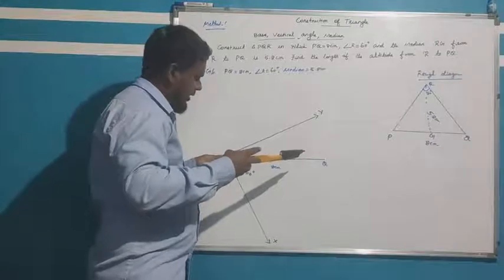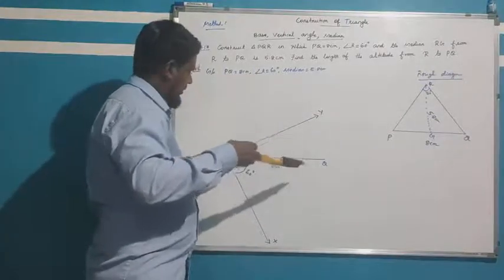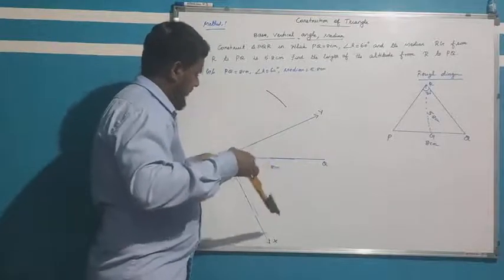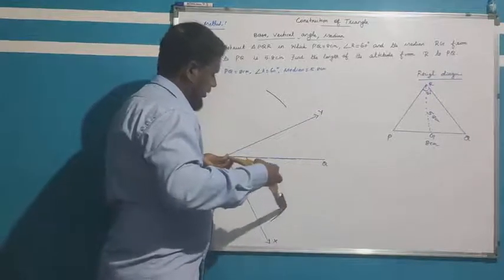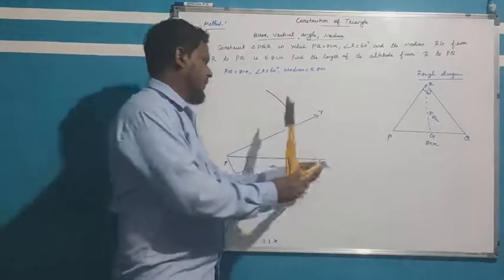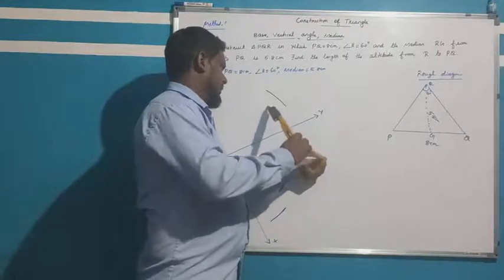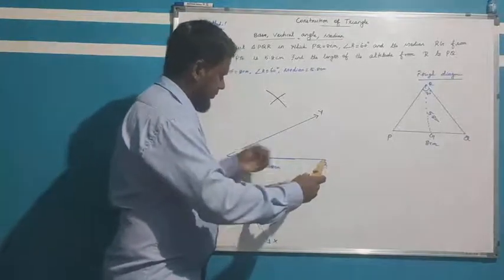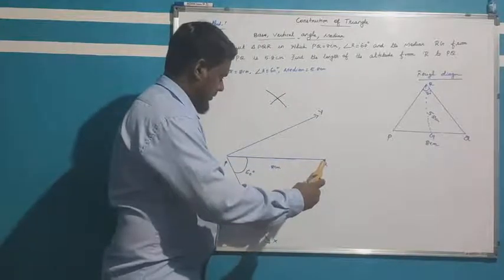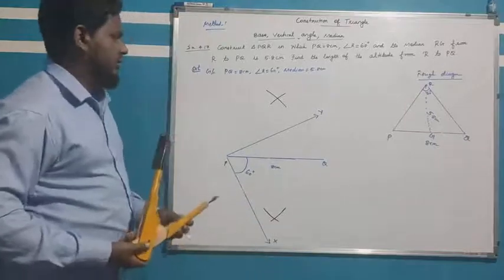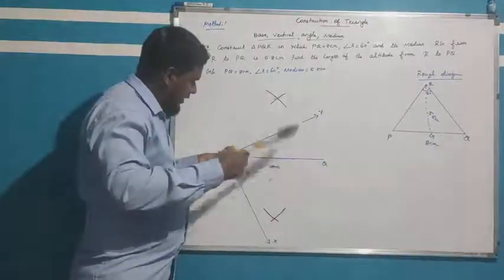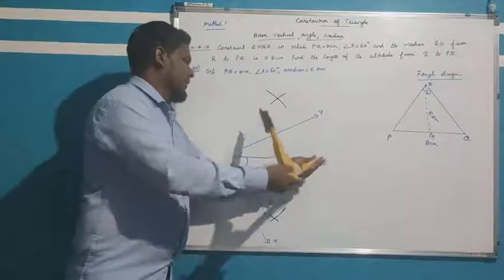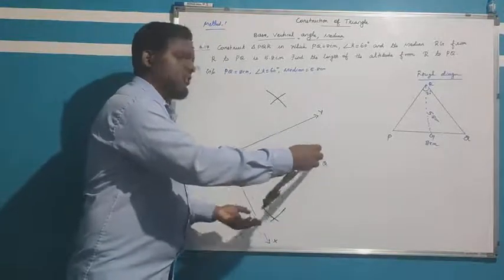Place the compass at P, and cut an arc above and an arc below. Then with the same more than half, place the compass at the second point, and cut an arc above and below. So from each point, more than half, you cut arcs above and below.